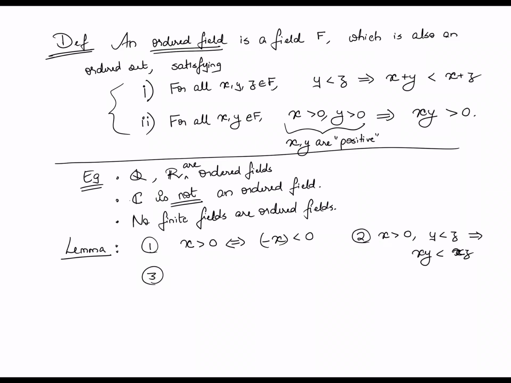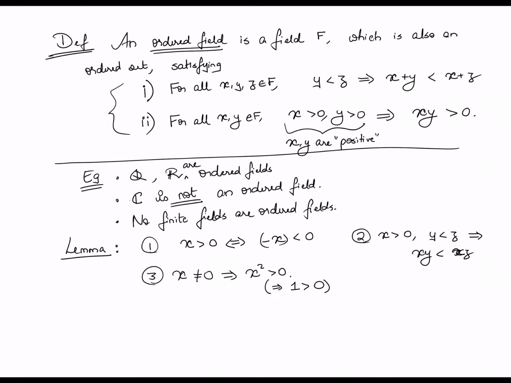There are many more interesting properties to be proved about ordered fields. Many of these I'm going to put as part of your first homework. The third property I want to show is that if x is not 0, then x squared must be positive. An immediate consequence is that 1 is necessarily positive. Remember, 1 is the multiplicative identity, and so 1 is also 1 times 1, the square of 1.